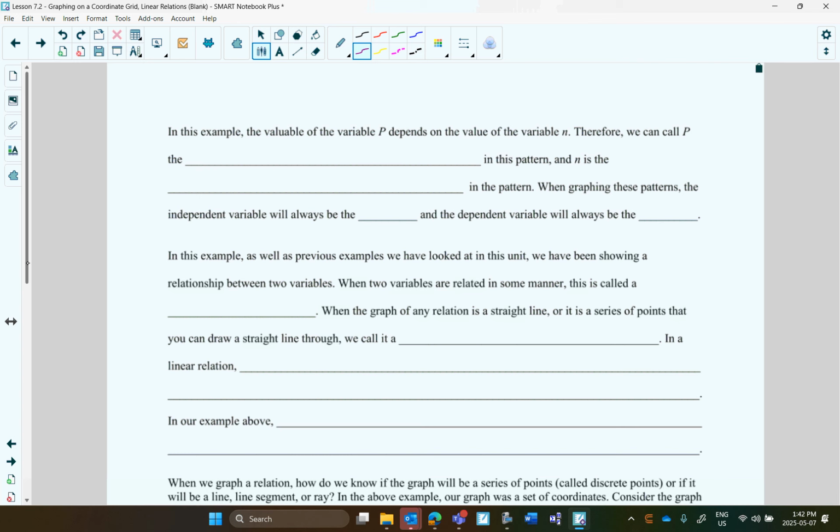So therefore, we call the perimeter, or the y value, the second one, the dependent variable. And if p is the dependent variable, n will be the independent variable.